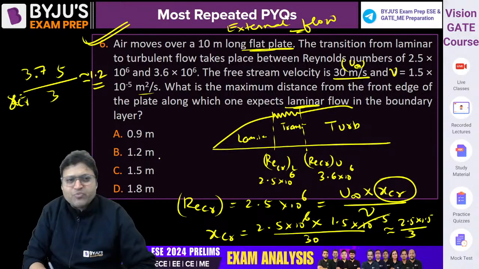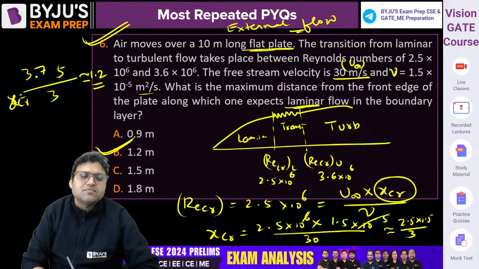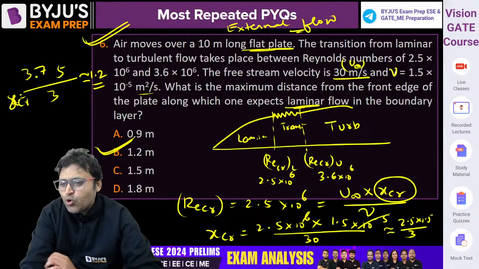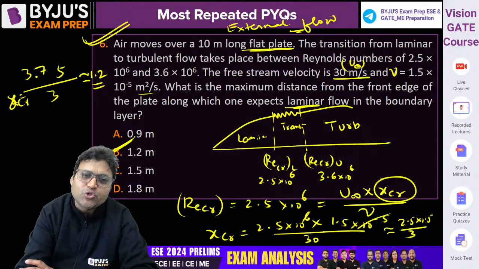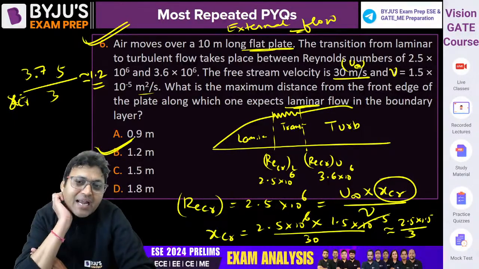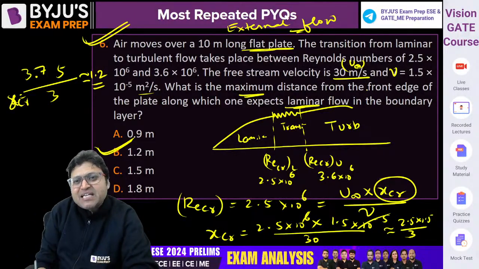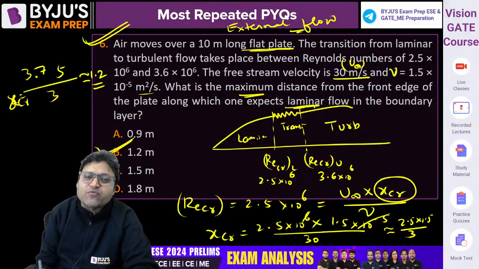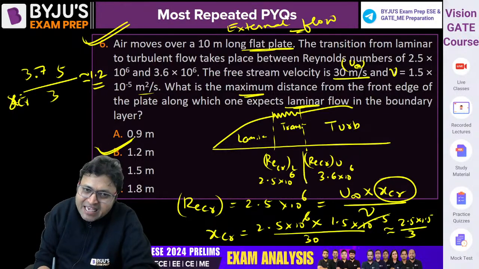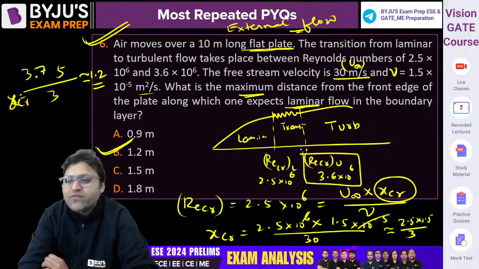Isn't it 1.2 meter? It will be close to 1.2 meter. And the question could have been the minimum distance from the front edge of the plate along which one expects the turbulent flow. In that case, we should have used this value of Reynolds number.